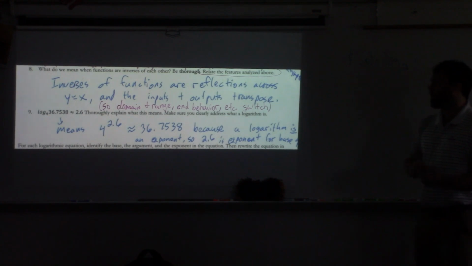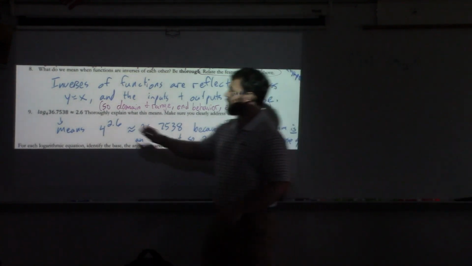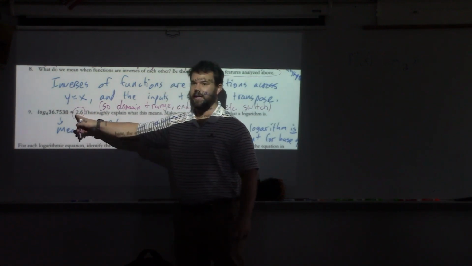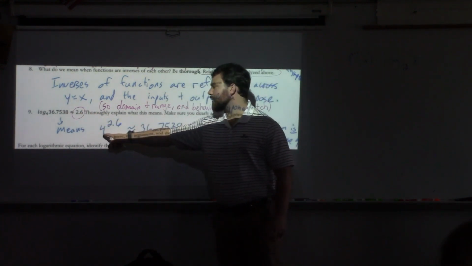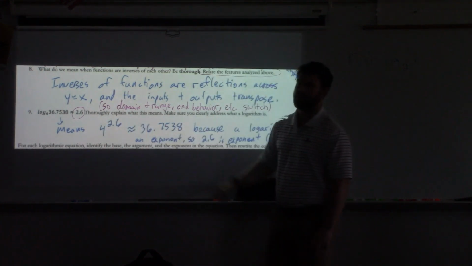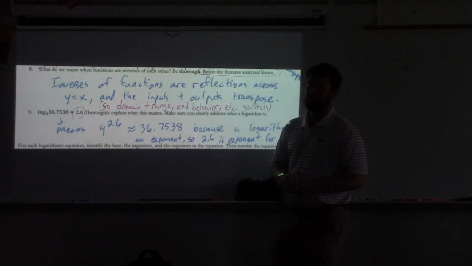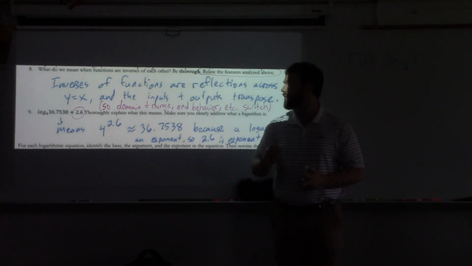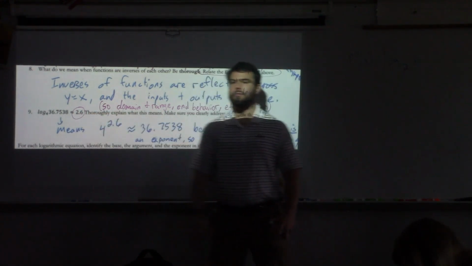Well, actually be careful. A logarithm is not a base to an exponent. The logarithm itself is only equal to the exponent. We can rewrite it in exponential form, so 4 to the 2.6 is approximately equal to that argument. But the logarithm itself is only equal to an exponent.